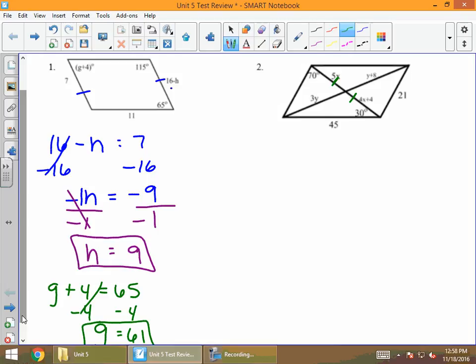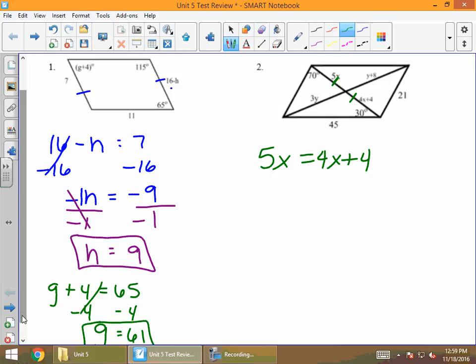So, what is the only thing we can do with segments or sides or diagonals? Set them equal to each other. That's the only thing we can do. We're going to say 5x is equal to 4x plus 4, because what do the diagonals of a parallelogram do? Bisect each other. So they're cutting each other in half, and these pieces are going to be the same.